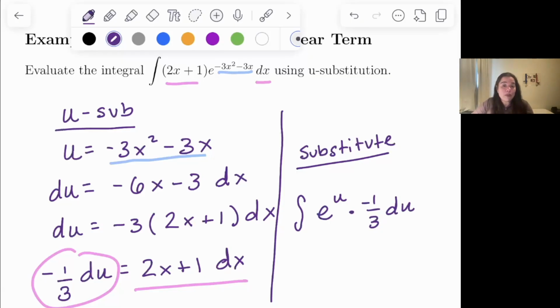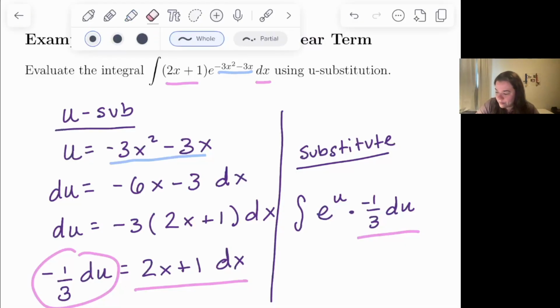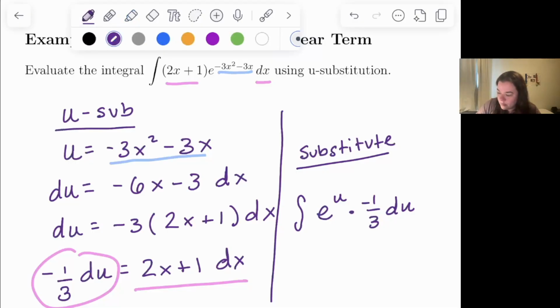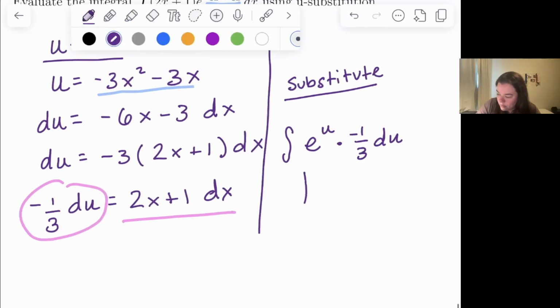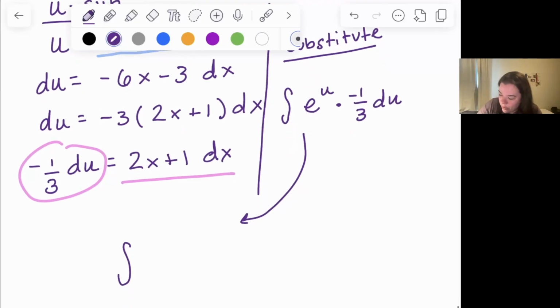Notice I put in that multiplication sign because all of these terms are being multiplied. So don't accidentally make it look like you're subtracting or adding. But just if you need to pause and look, the negative 1/3 du replaced the 2x plus 1 dx, and the u replaced what was in the exponent. So just rewriting this down below to give us some more room now that we've made the substitution step.